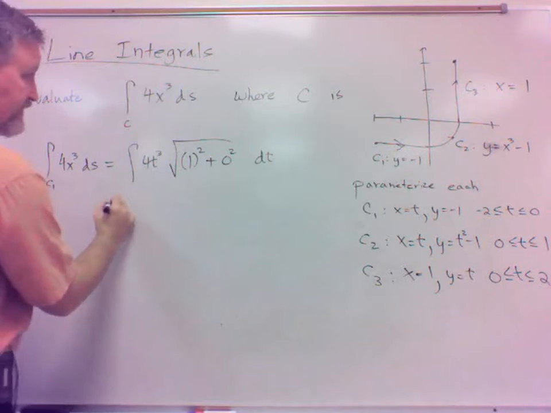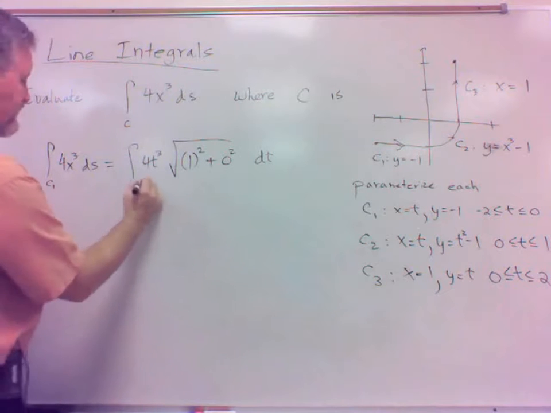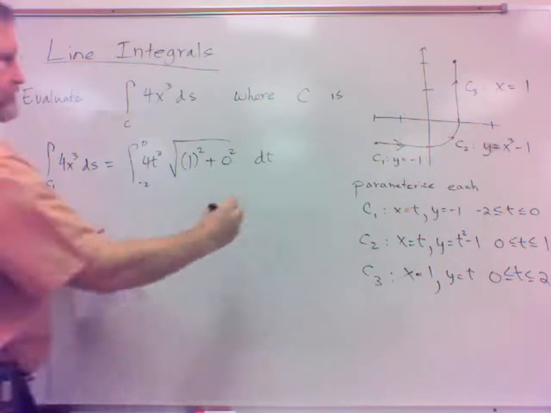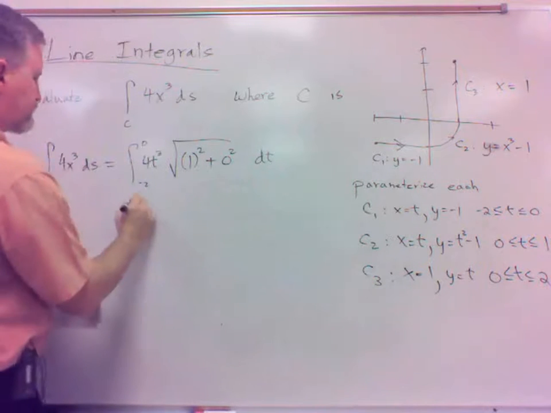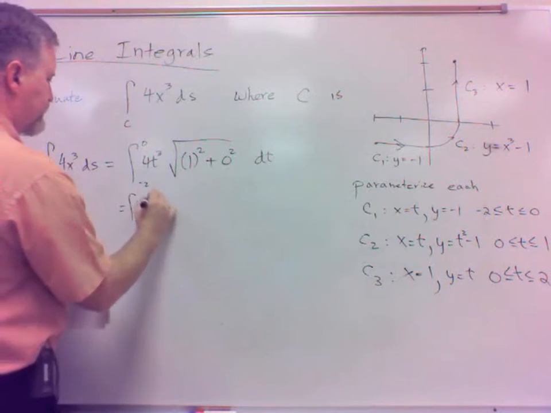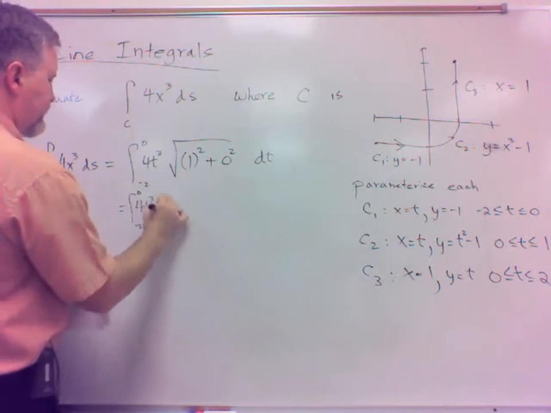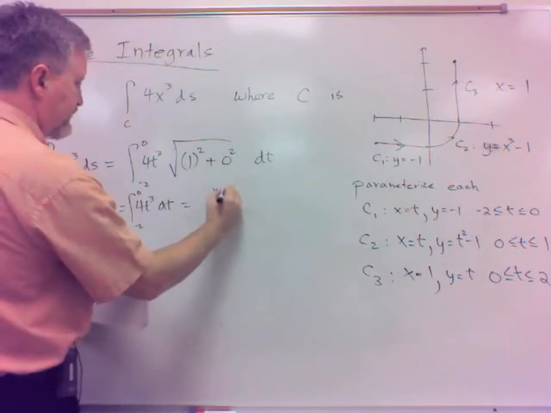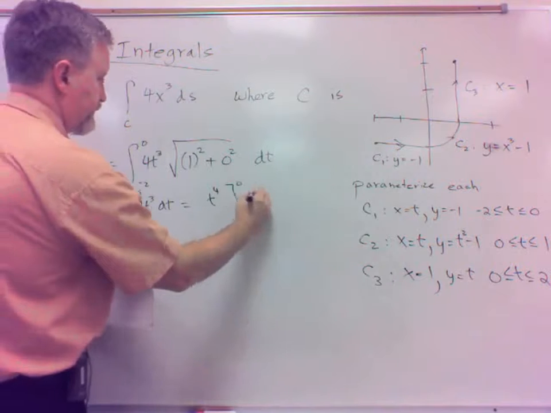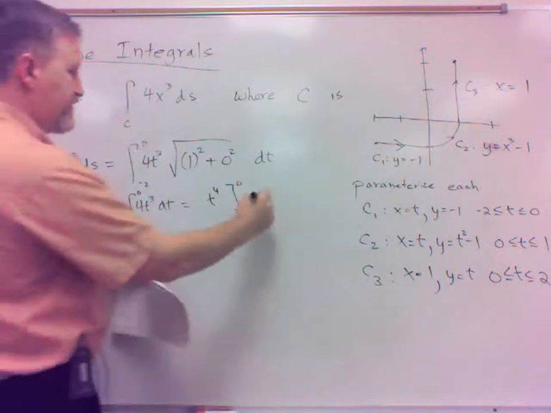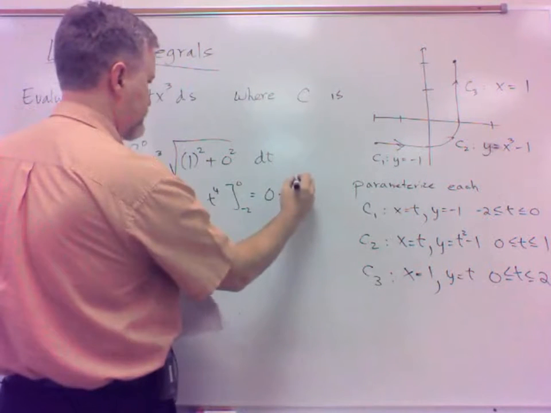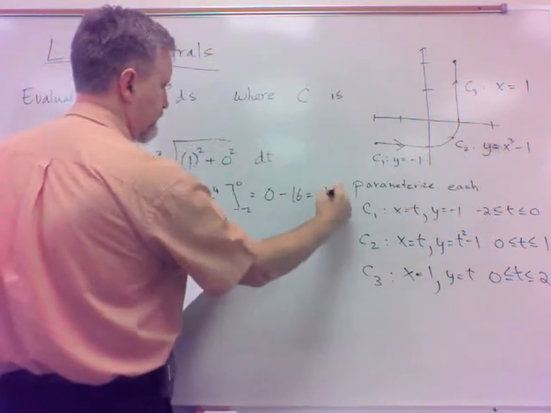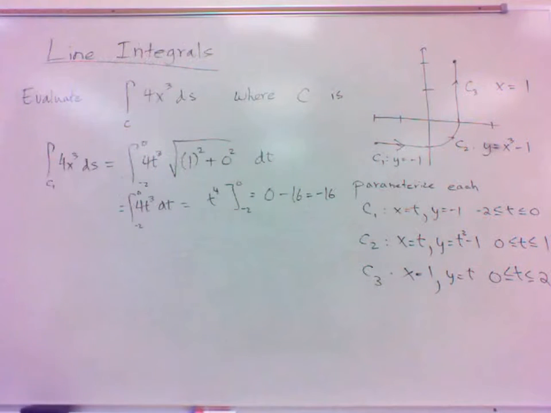Just 4t cubed, right? Oh, and from -2 to 0. So we've got the integral of 4t cubed from -2 to 0. So that should be t to the 4th, right? -2 to 0. It would be 0 minus 16. -16.